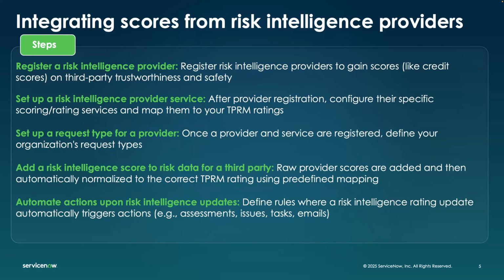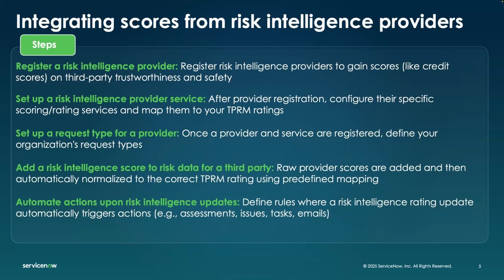The building blocks for integrating scores from the risk intelligence providers begin with registering a risk intelligence provider. This is where you bring the external providers, like those offering cyber or financial scores, into the system to gain insights into your third party's trustworthiness.